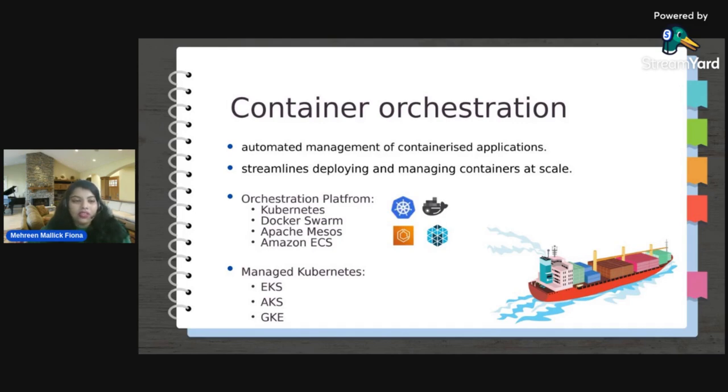Moving on to the next one, we have Apache Mesos, which is mostly used in data centers because it can handle large scale deployments efficiently, and runs containers for big data services such as Hadoop.